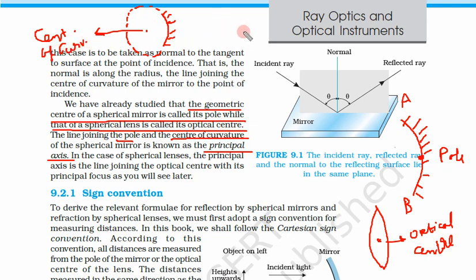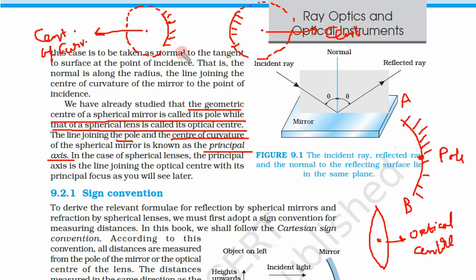If we have a convex lens, let us make this convex lens. Again we will complete this circle and the center of this circle is again called the center of curvature.